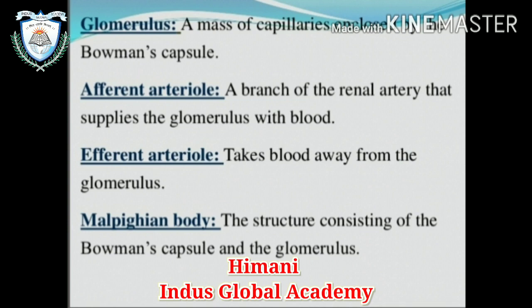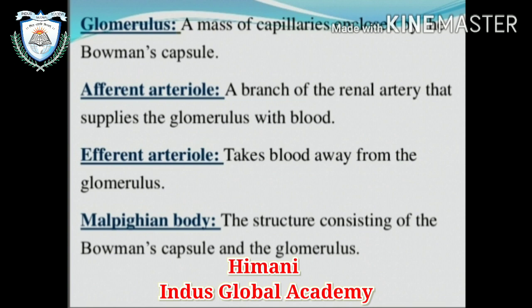Afferent arteriole, a branch of the renal artery that supplies blood to the glomerulus. Efferent arteriole takes blood away from the glomerulus. Malpighian body, the structure consisting of the Bowman capsule and glomerulus.